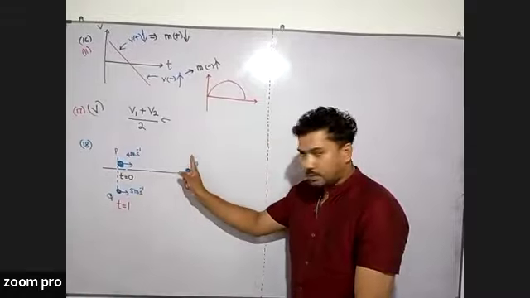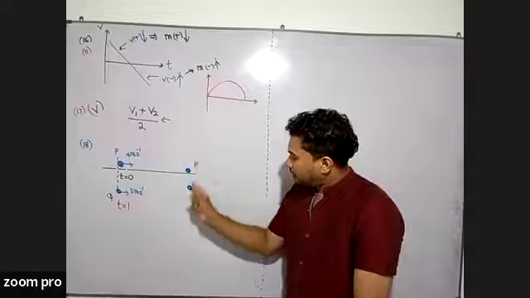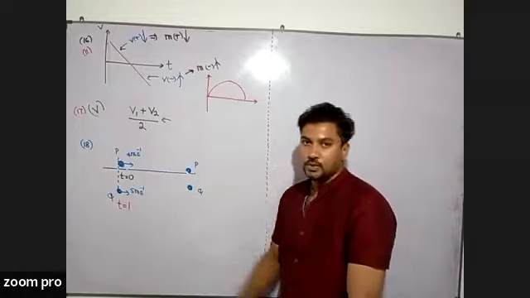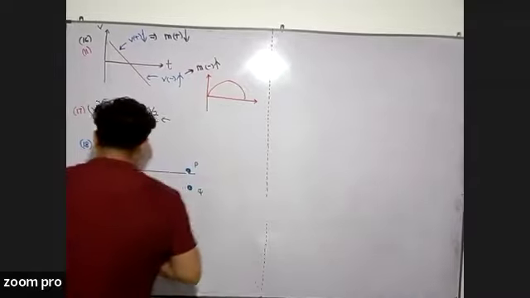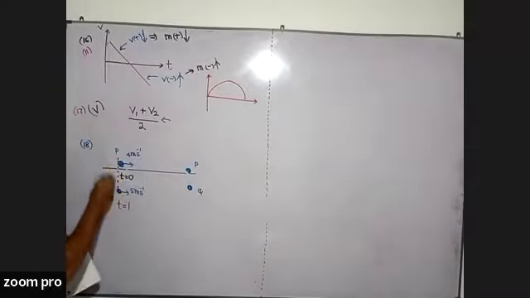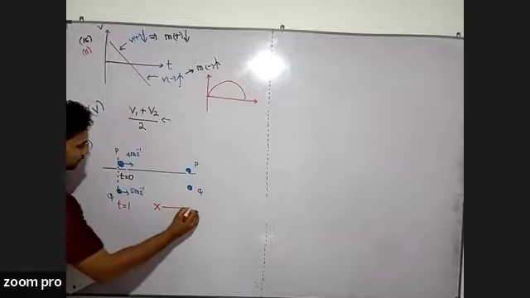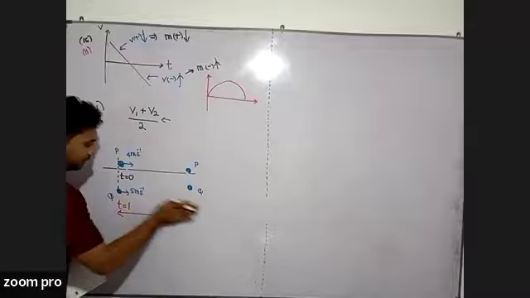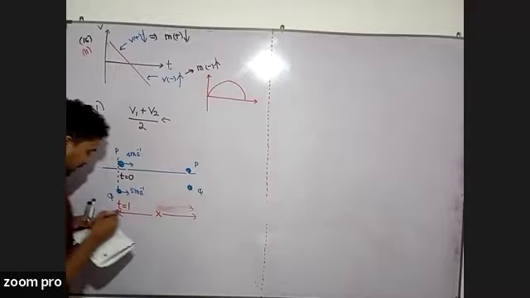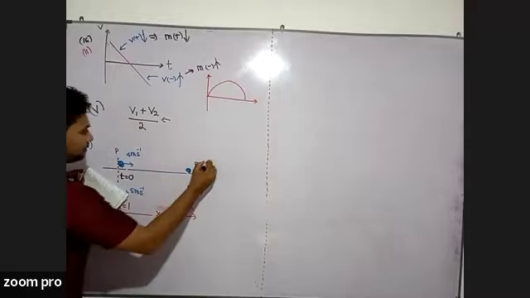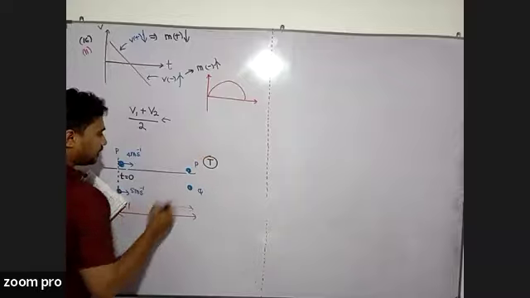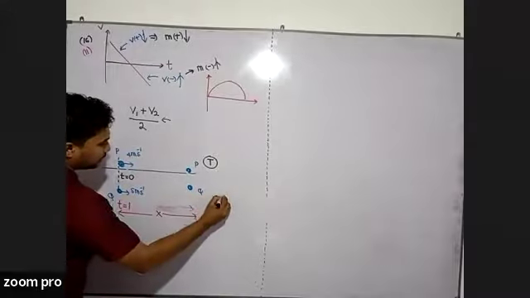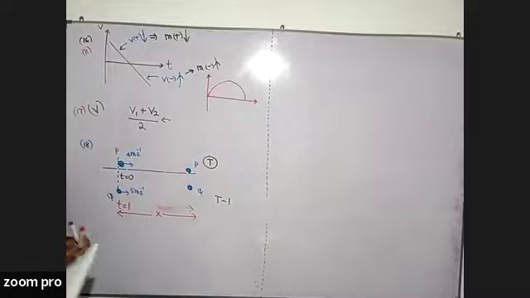Assume that at this particular point Q passes P. Then the distance of both objects has the same value. Let's assume that the time traveled by P is capital T. Then what is the time traveled by Q? It is obviously T minus 1.